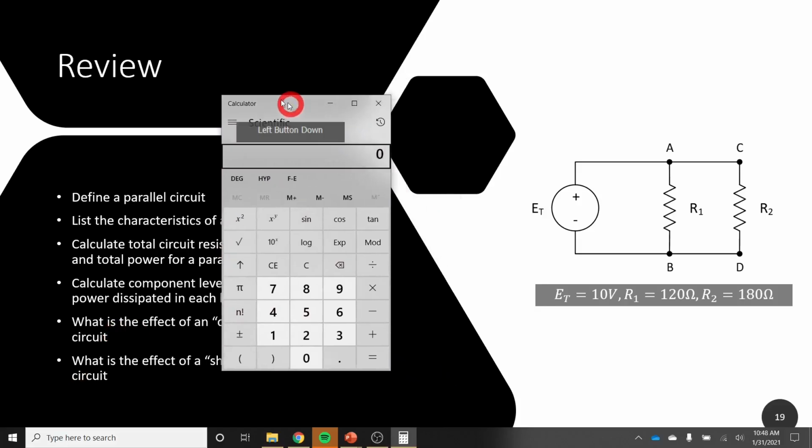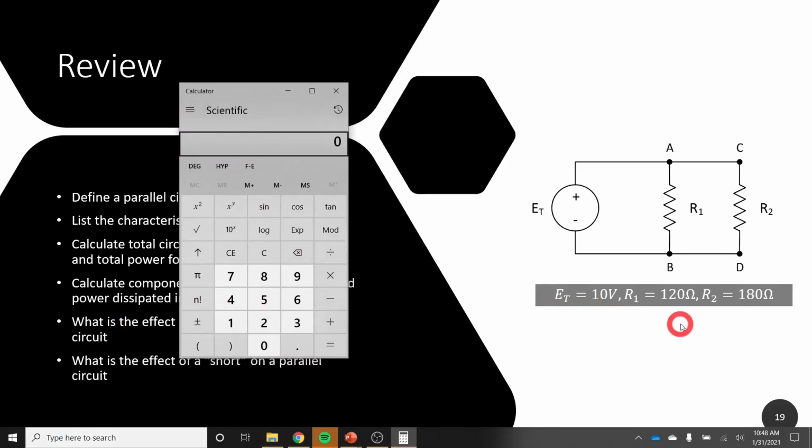So first thing we want to do is find our total resistance. Okay, so if I take the reciprocal of 120, so that's 1 divided by 120, and I add that to the reciprocal of 180, 1 divided by 180, that value right there is my total conductance, and it would be what, 13.888 millisiemens.